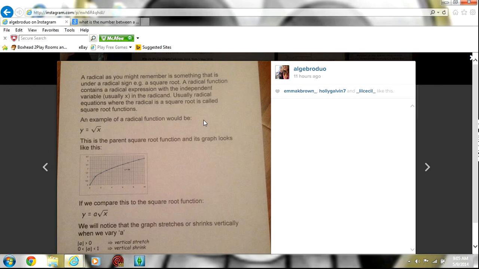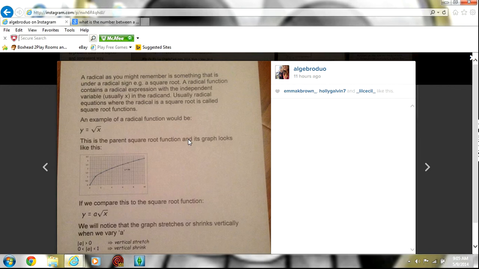In this post, we have more, basically, just explaining it in a little deeper content. A radical, as you might remember, is something that is under a radical sign. A square root, a radical function, contains a radical expression with an independent variable, usually x, in the radicand. Usually radical equations where the radical is a square root are called square root functions.